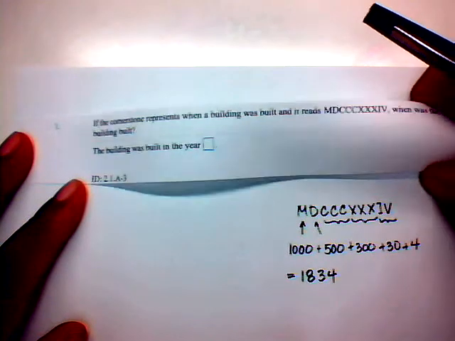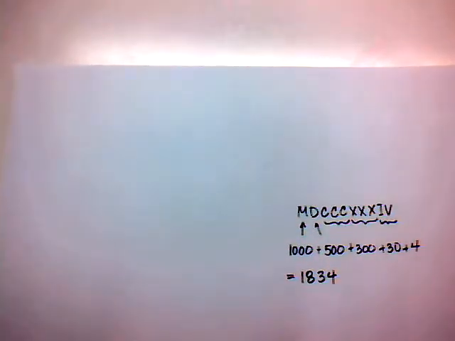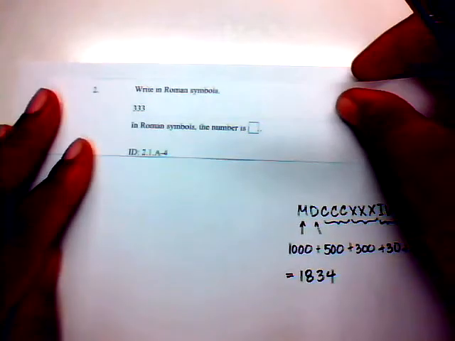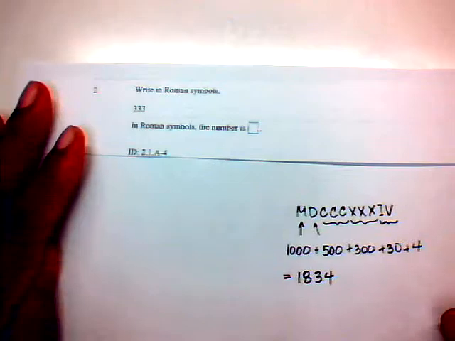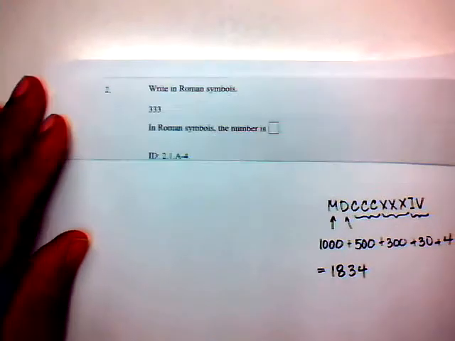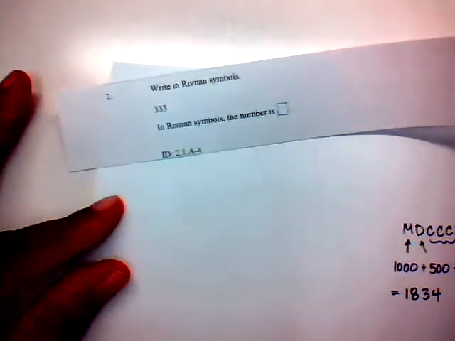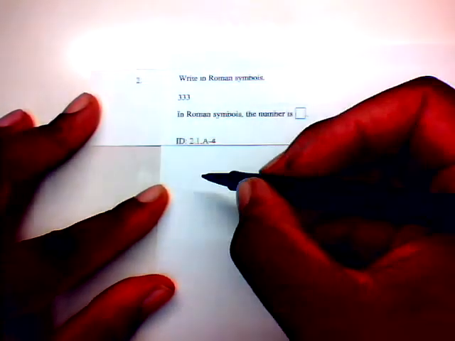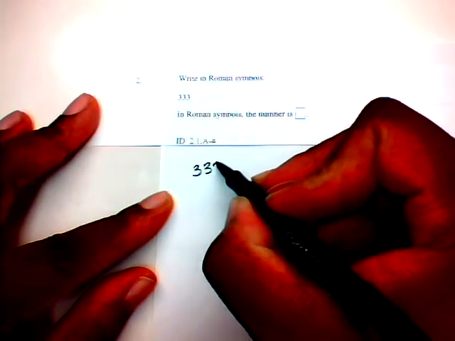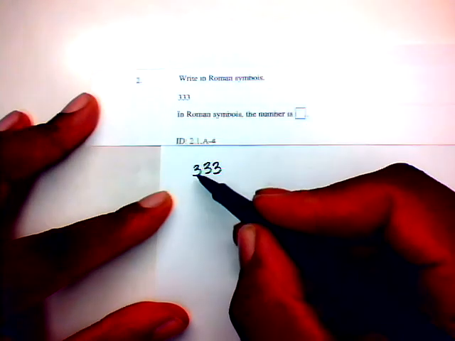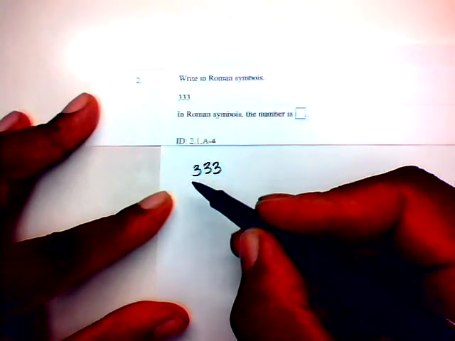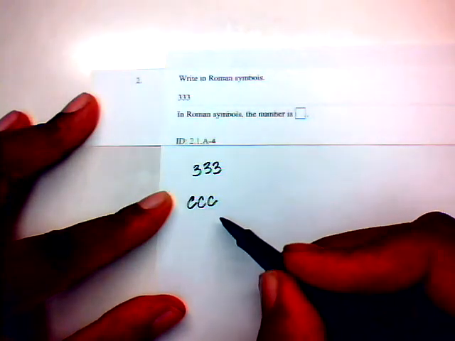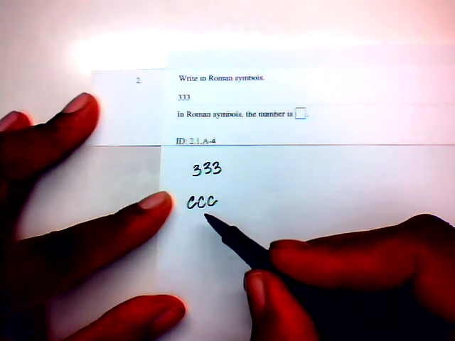Okay. All right, now let's look at number 2. We're going to write in Roman numerals. In this case, we have the number 333, and we're going to write this using Roman numerals. Now, this first 3 is in the hundreds place, so we're going to need 3 C's, because each C represents 100.